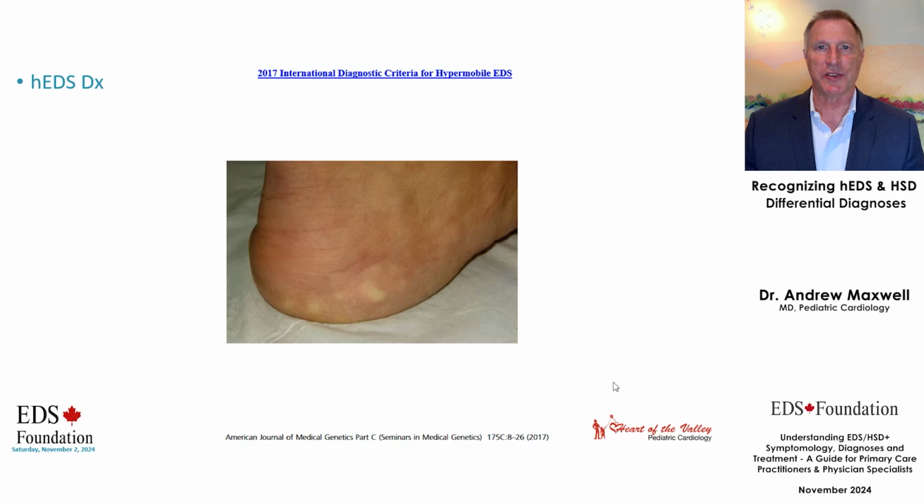There's something called piezogenic papules at the heels, and this is basically fat herniating through connective tissue in the heel, so that should be checked while a patient is standing with their full weight on their heels, so that there's weight on the heels to generate these piezogenic papules.